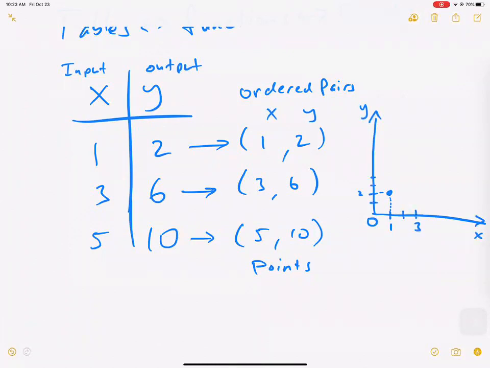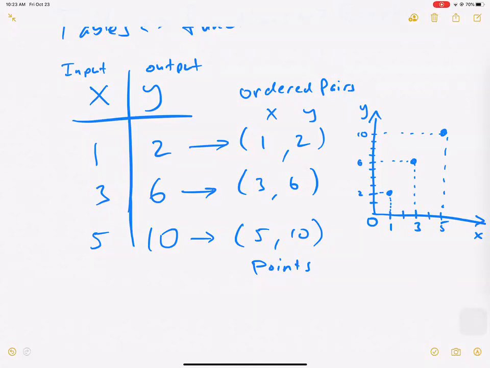Put a dot there: 2, 3, 4, 5, 6. And X is 5, Y is 10: 7, 8, 9, 10. Okay.